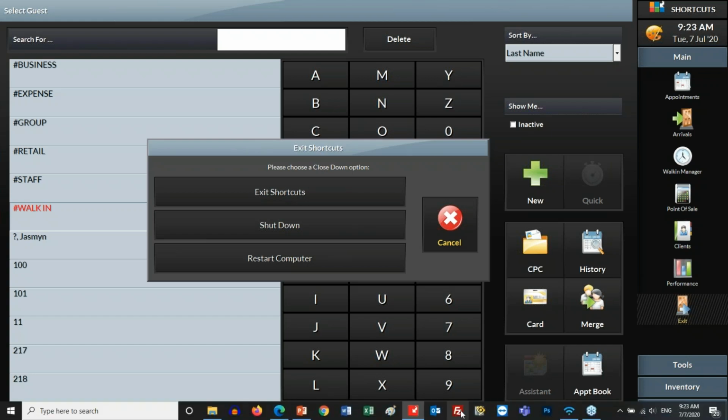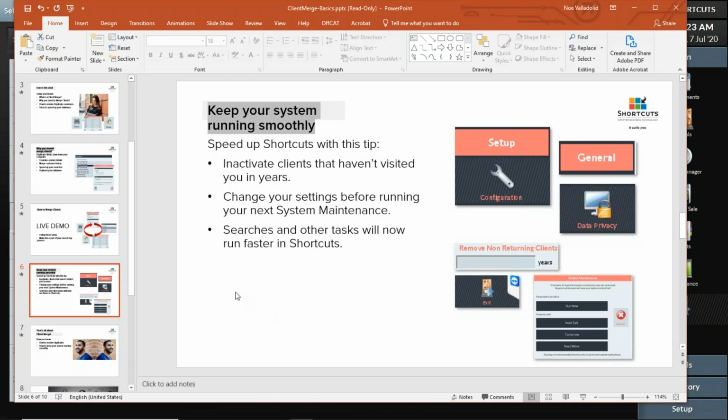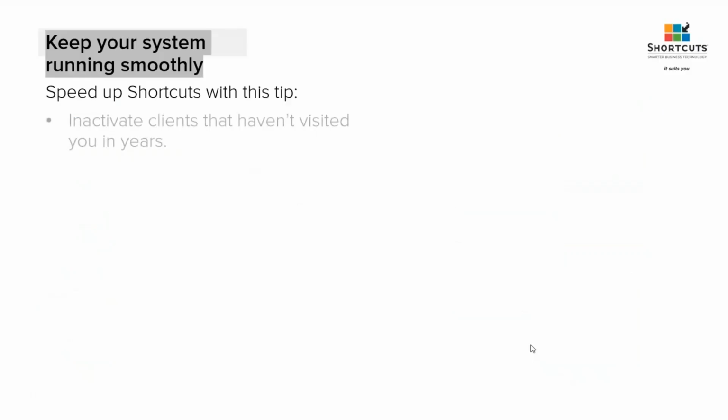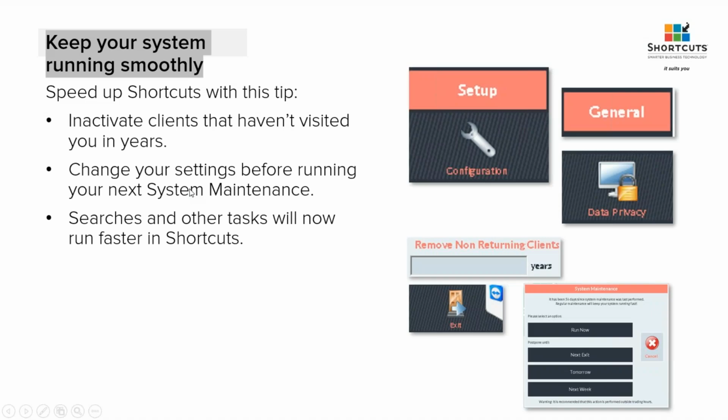When you do that, that's when Shortcuts is going to start eliminating those duplicates. So that's this window that I'm talking about. Run Now. That's the screen that you should see. You should see that every few weeks when you go to Exit Shortcuts. So press that button, and that will help optimize your database.